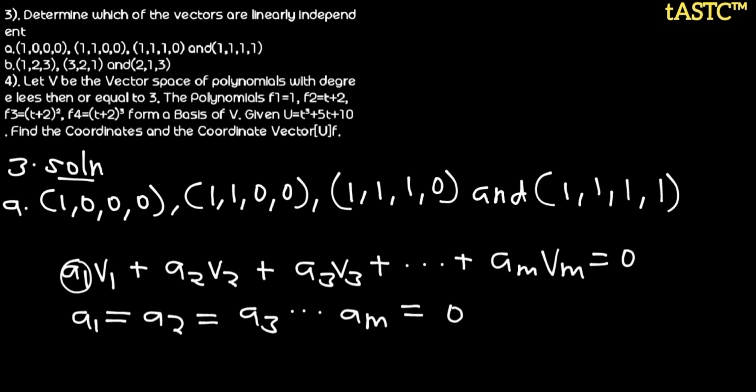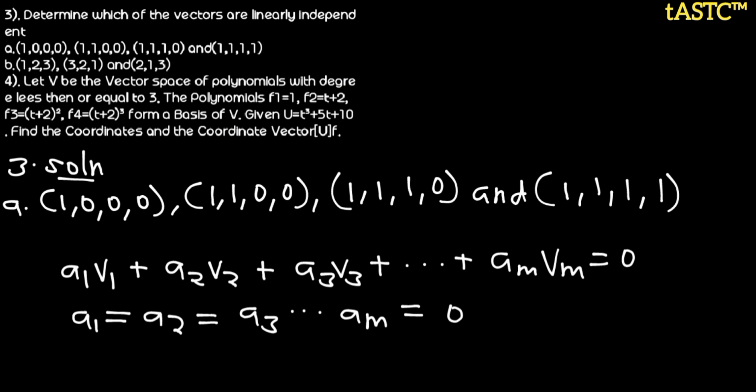If we have a1 to be 0, this is going to become 0. This is also going to become 0 because we said that a1, a2, a3, as well as am, and every other a that you might have in that combination, as far as you have them to be zeros, that obviously will create zeros in each case, right? And so if you added zeros together, that should give you 0.